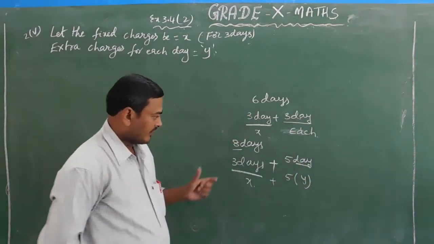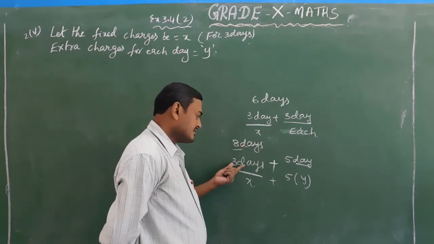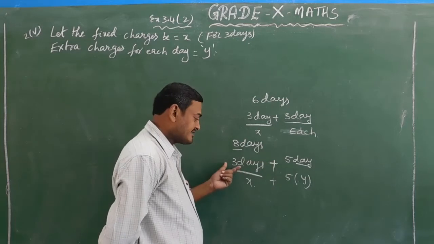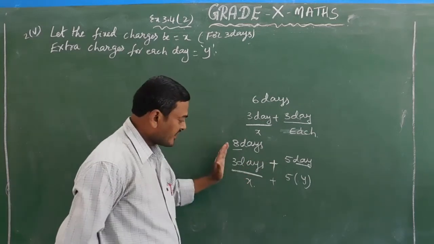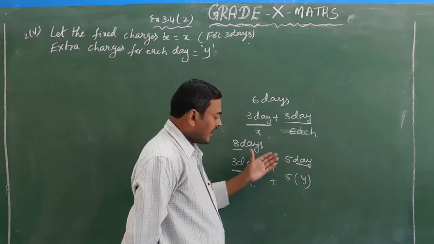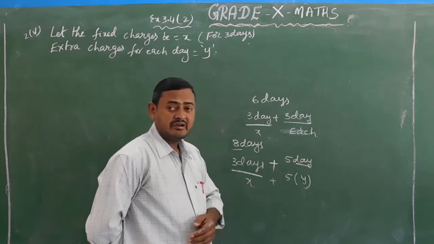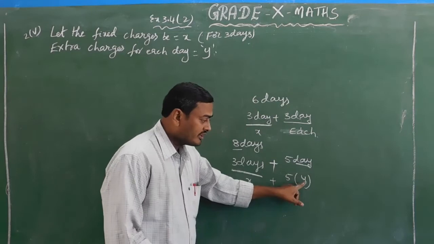In total, 8 days: 3 days plus 5 days. For the first 3 days we charge a fixed amount x, and for the remaining 5 days we charge another amount per day, y.